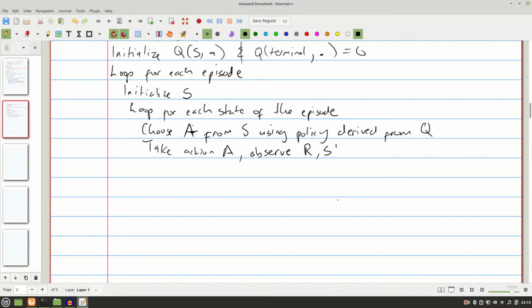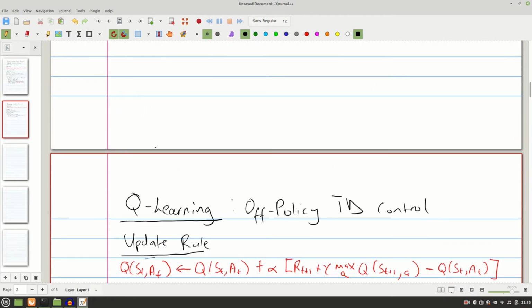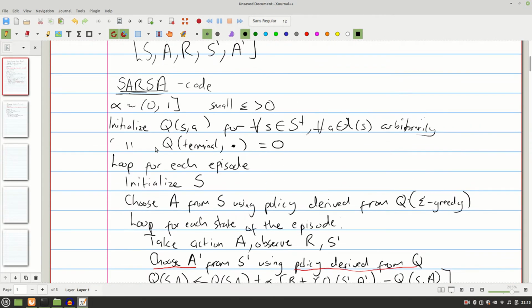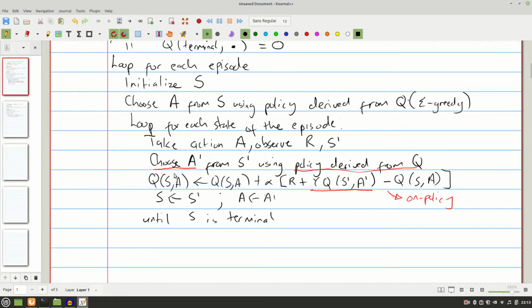The next thing we need to do is update our Q function. This is the distinction you need to take note of between SARSA and Q-Learning. In SARSA, we chose A prime from S prime using the policy derived from Q, so our target and behavior policies were the same.